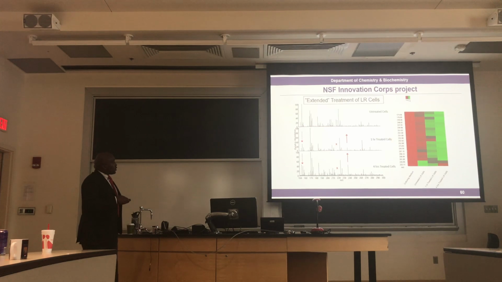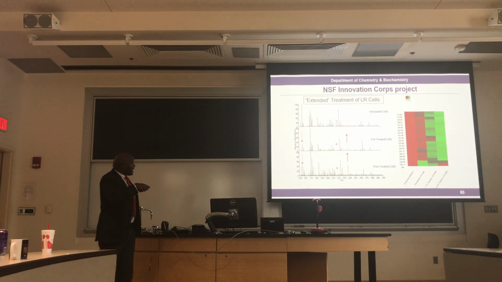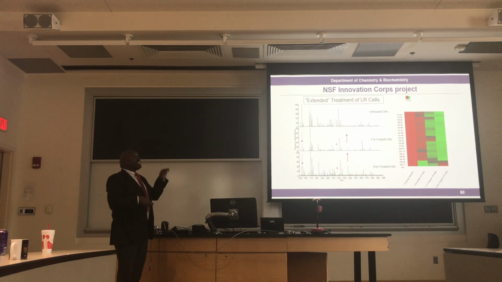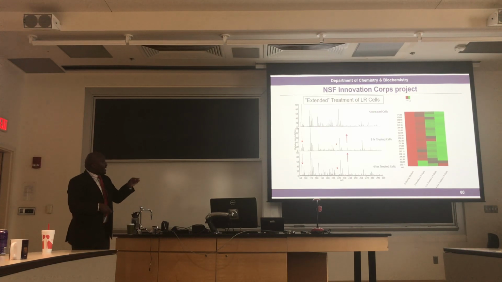For all the experiments that were done, we selected peaks that disappeared or changed according to the treatment they were subjected to. So what you're seeing here, red means that they are absent, and green means that the intensity of that peak is very high.